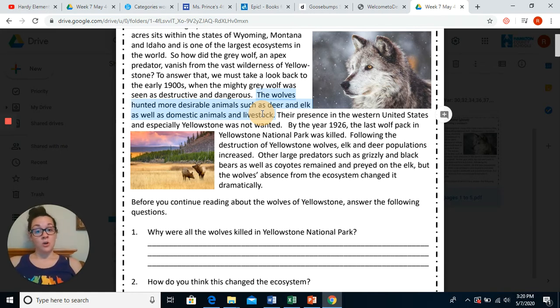Livestock means goats, cattle, sheep, farming animals that may have lived in the area. Their presence in the western United States, and especially Yellowstone, was not wanted. By the year 1926, the last wolf pack in Yellowstone National Park was killed.